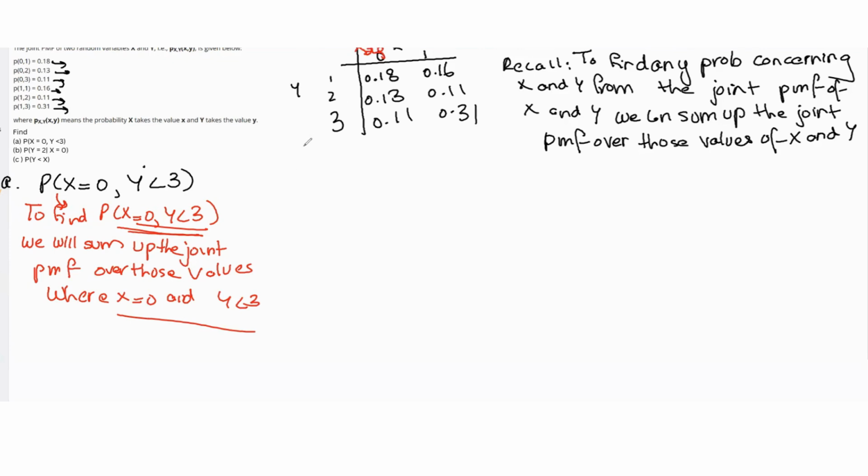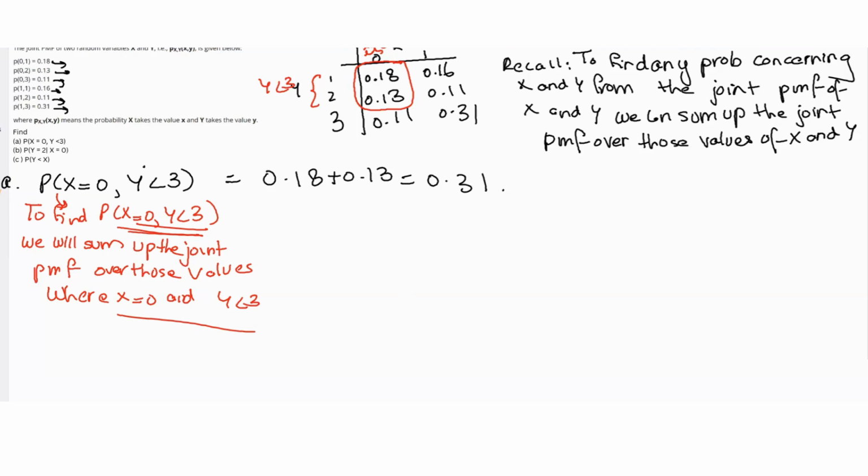Let me just write it more clearly. So this is x is 0 and y is less than 3. To find the probability that x is 0 and y is less than 3, we'll sum up the joint PMF over those values, which are these values. Just summing up the joint PMF over those values, 0.18 plus 0.13 is equal to 0.31. So this is how we've done the first part.